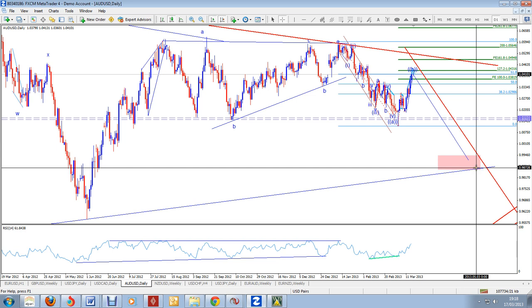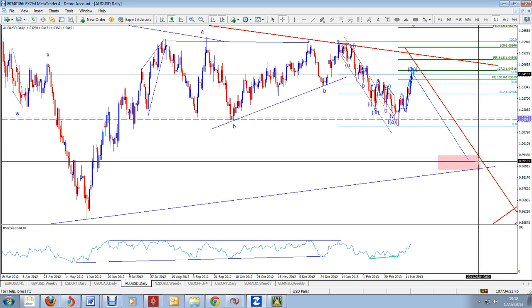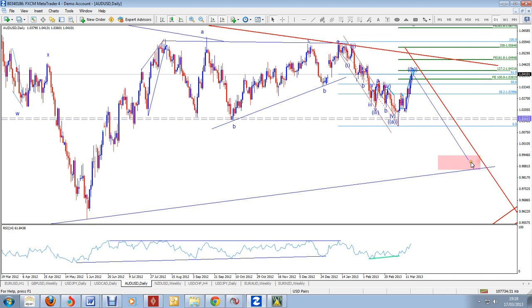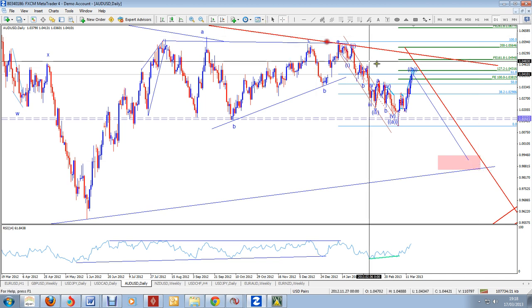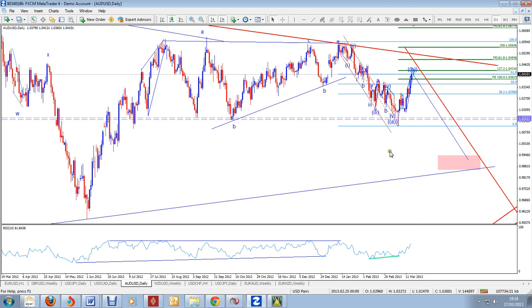So we're looking for a drop to about 0.99 as a very conservative target, which from where it is now is almost over 400 pips potential. It will probably be similar to this one here. So this was 480 pips, so we might actually get what looks like an AB equals CD.